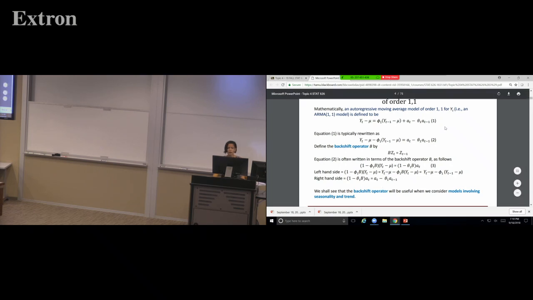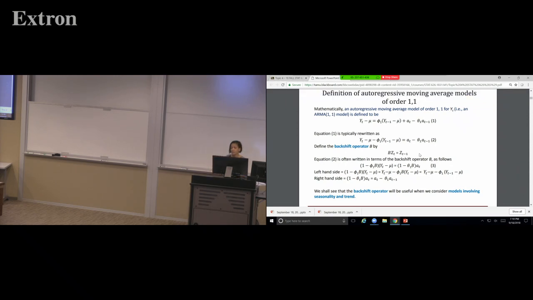So if we start with our ARMA(1,1) model, the basic equation 1, rewriting it with equation 2, where you move the autoregressive part to the left, the backshift operator definition is that B of Z_t is equal to Z_{t-1}. Okay? So what we're going to do with this definition of a backshift operator called B is rewrite equation 2 in terms of a backshift operator.